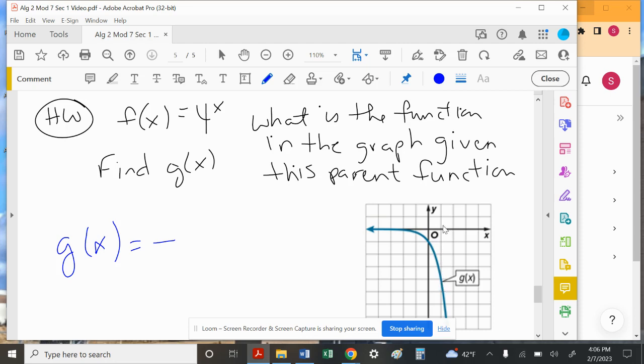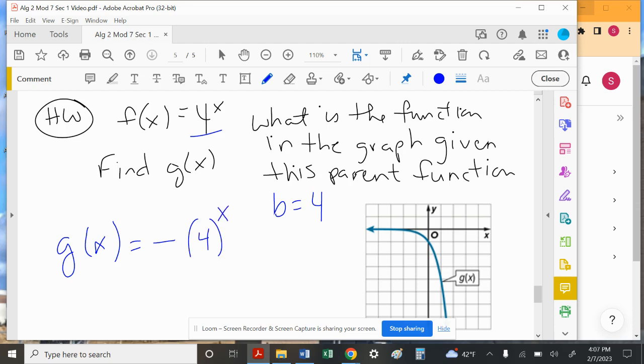So I can see that it's going to be -4 here, which means my b value looks like it equals 4, because of how fast it's going. That's that 4 right there. Nothing's really changed. It's definitely not going down any faster or doing anything else. So it's just going to be a negative, and in here it's just going to be 4 to the x.